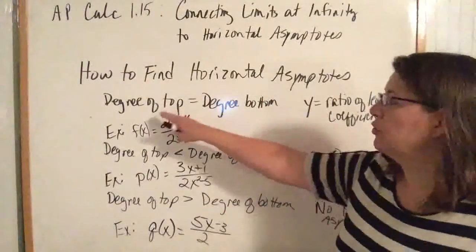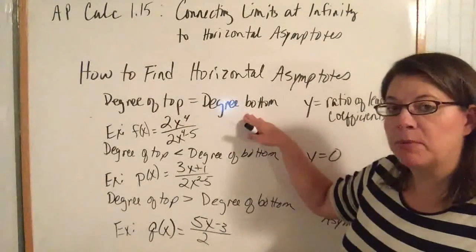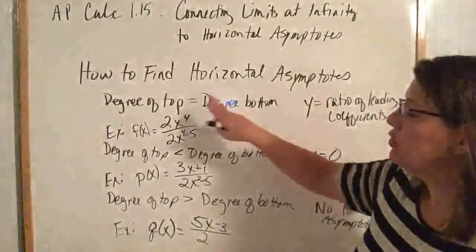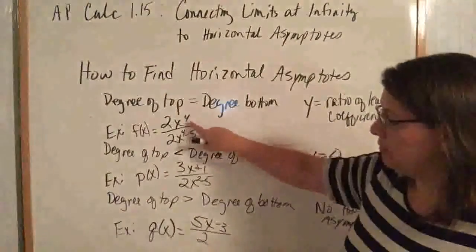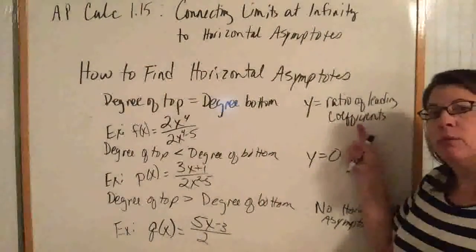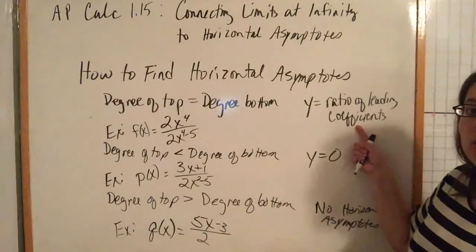So if your degree of the top is equal to the degree of the bottom, remember degree is the highest power of the exponents. So if the degree of the top equals the degree of the bottom, for example, like it is right here, then our horizontal asymptote will be y equals the ratio of the leading coefficients.